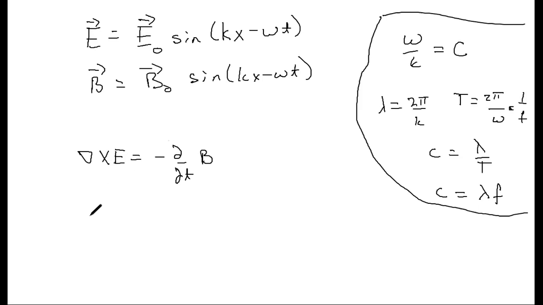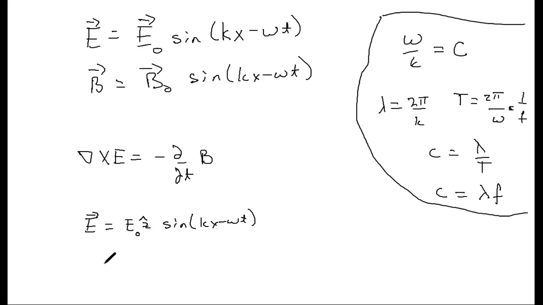So what we're going to do is choose our coordinates in the YZ plane so that E lies along the Z axis. And then we're going to plug this into our ansatz here, and we take the curl of this.